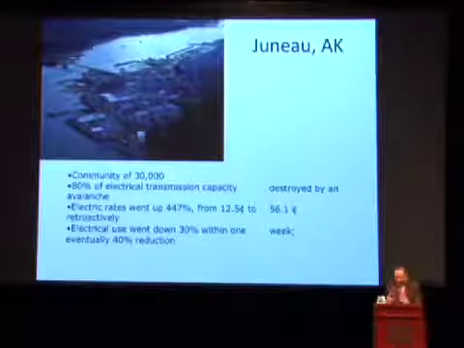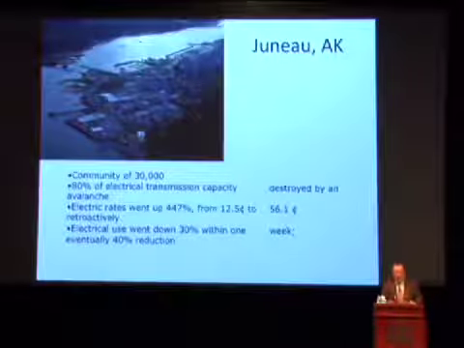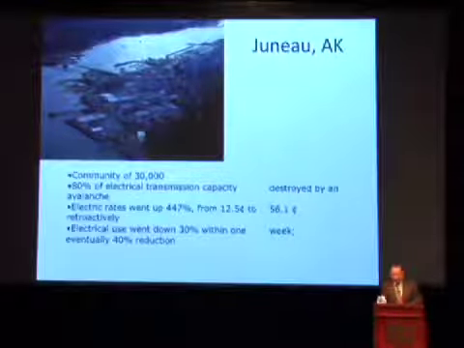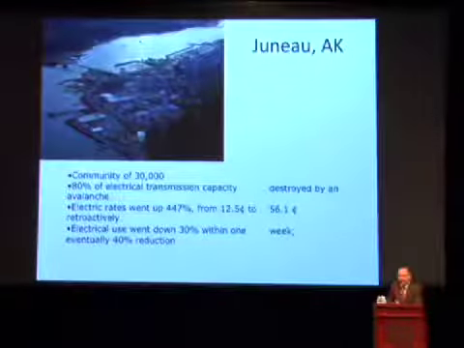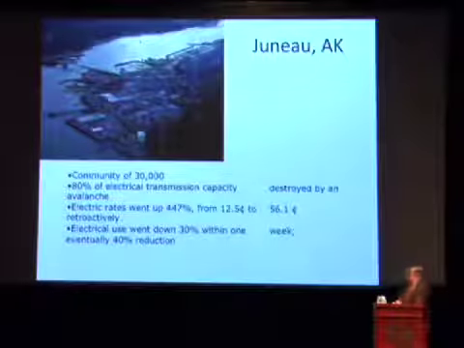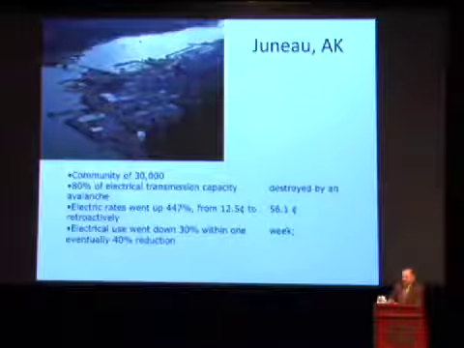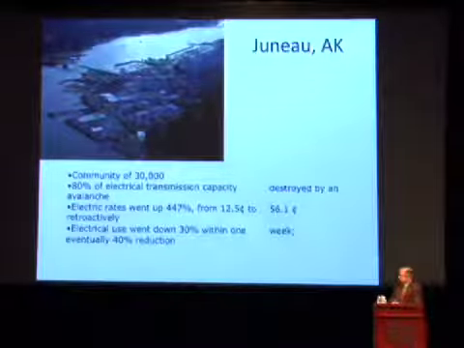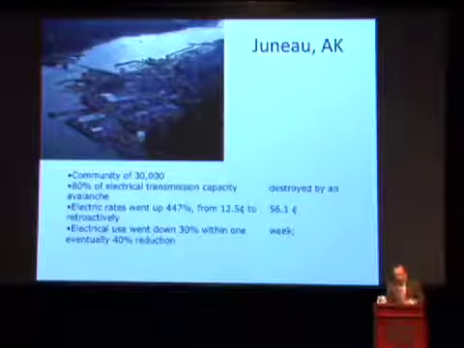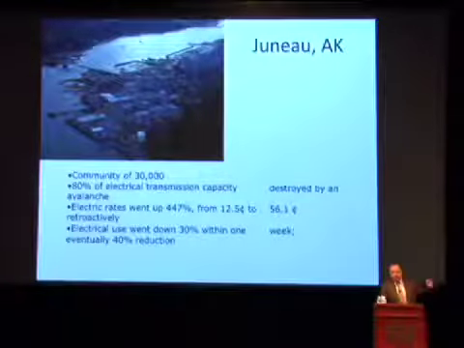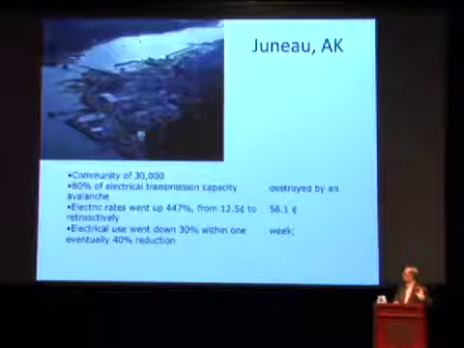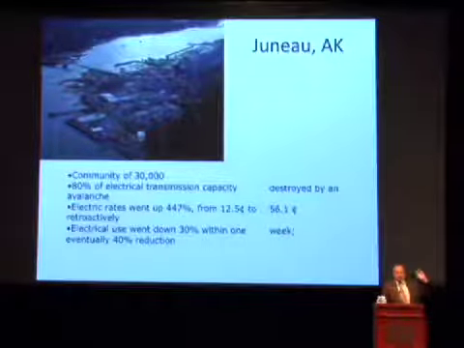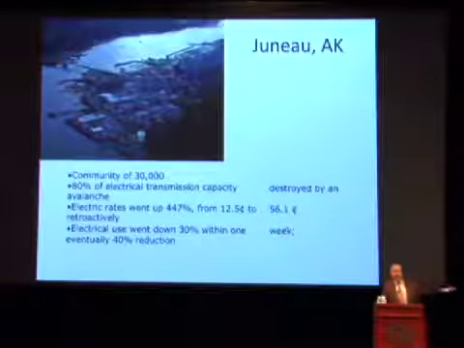So just to give you an example of how occupant interaction with buildings can really play out, this is a picture of Juneau, Alaska. I don't know if you guys heard about this, but I think it was maybe a year or two ago. The city is served by hydropower, and about 90% of their energy use comes through this transmission line that comes down from this one dam.